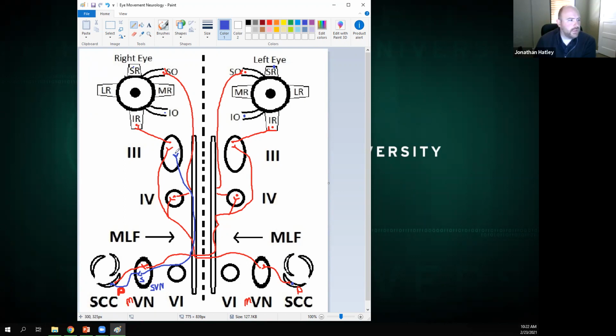The inferior oblique connections are going to stay ipsilateral, making direct connections there. The superior rectus, as you'll remember from our downward chin acceleration video just a minute ago, is going to go to the opposite side and innervate the contralateral superior rectus.